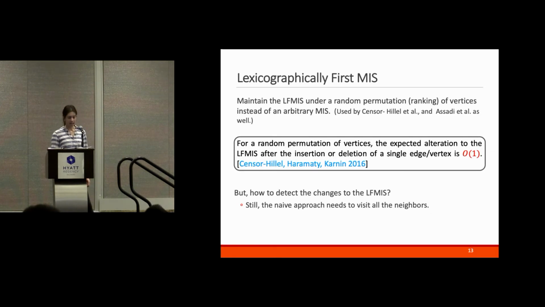But it has an interesting property shown by Censor-Hillel et al.: for a random permutation of vertices, the expected alteration to the MIS after an edge insertion or deletion is O(1). Despite this observation, the update time given in that paper is O(delta), because even knowing that the number of vertices that will change is O(1), you still need to find them, and the way they detect them is by going over all the neighbors of altered vertices. So we need to break this.